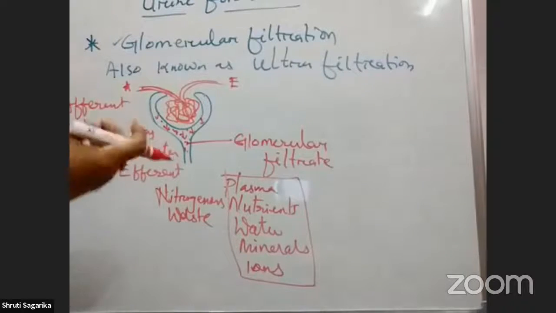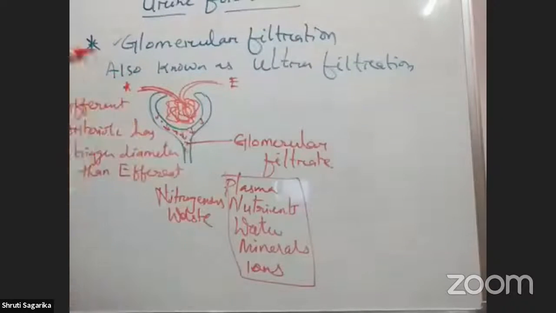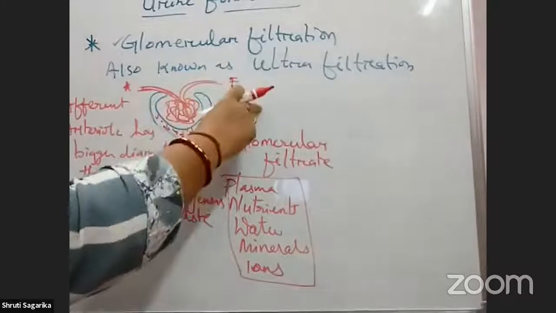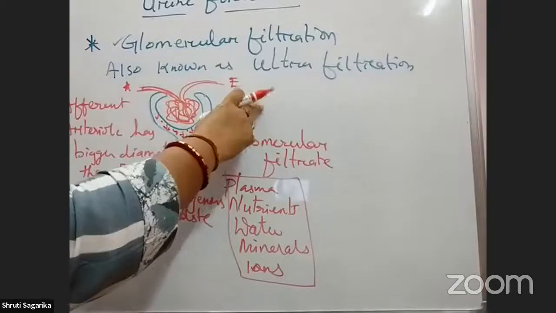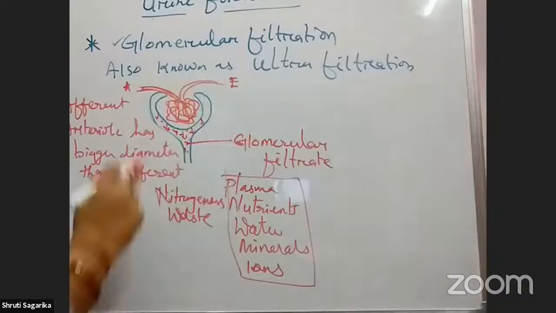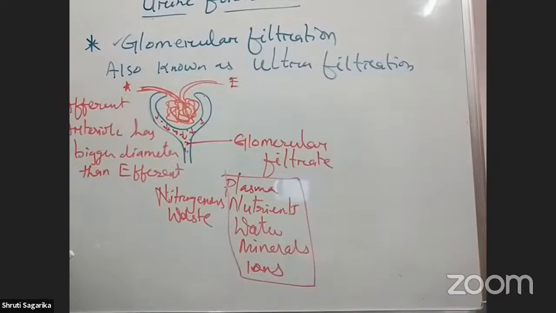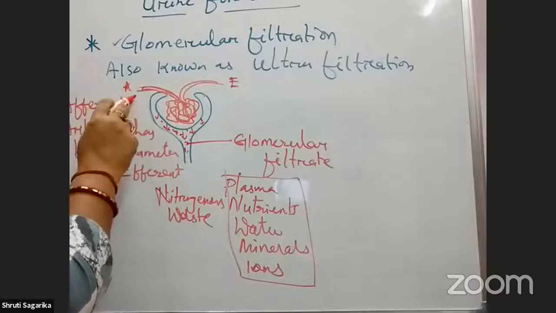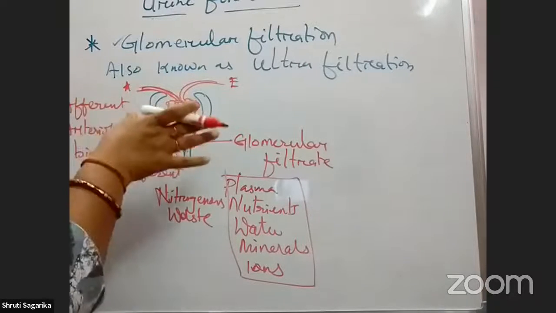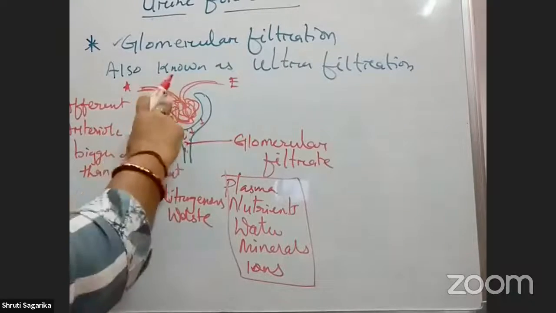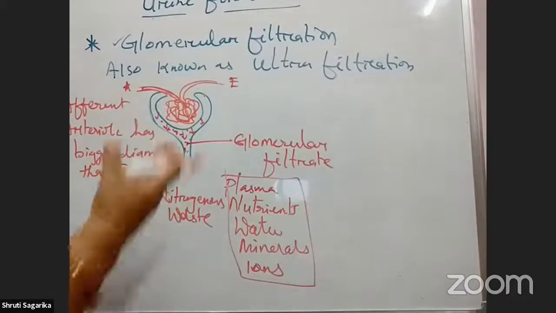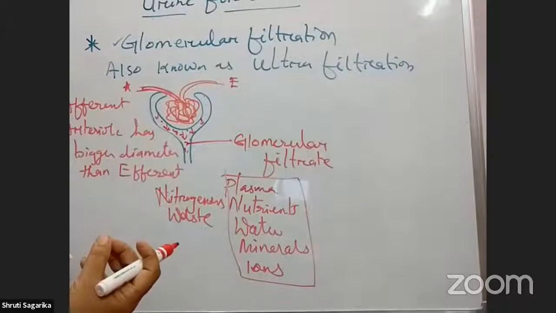That means the blood flows in with force, but it cannot come out with the same force. Why? Because the tube diameter is lesser this side. The diameter of this arteriole is less compared to this. So blood will flow in faster, but it cannot come out of the glomerulus faster. So it will be lagging, right?